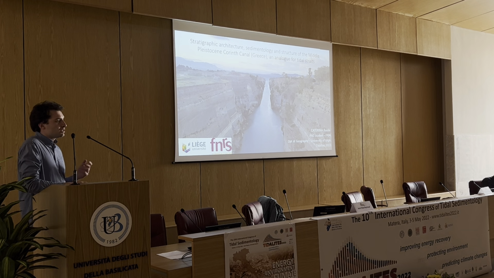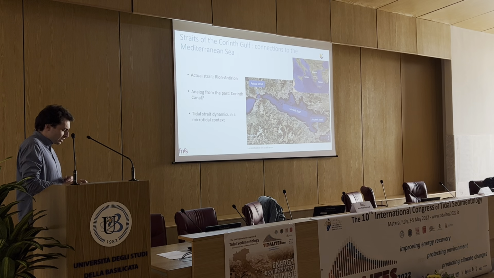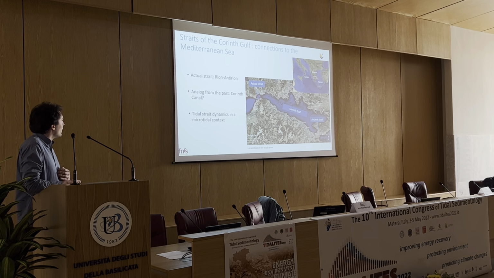So I will speak about the Corinth Canal in the Corinth Gulf area, and the evidence of it being a former tidal strait. So we are in the Corinth Gulf, and you have already had a presentation about the actual strait, but I will speak about this region and the man-made Corinth Canal being a former strait.